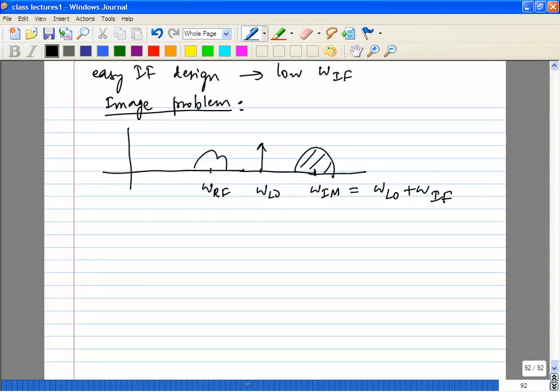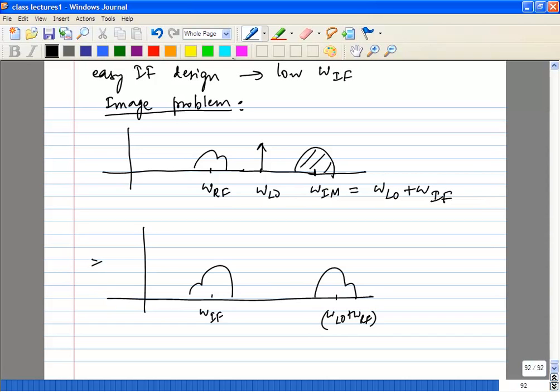If you look at the result at the output of your mixer, this is your omega IF, and you're going to get something at omega LO plus omega RF. And you're going to get your omega IM on top of this.